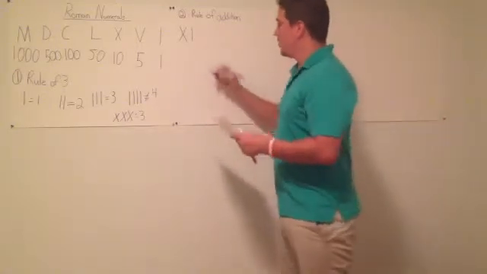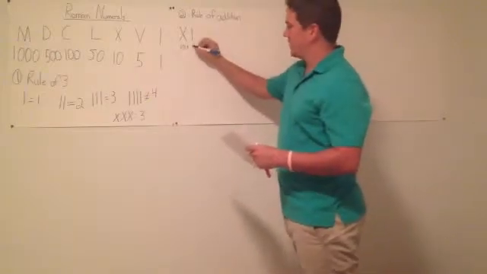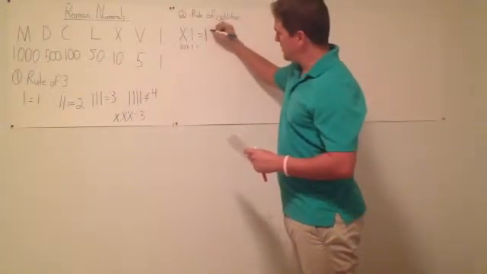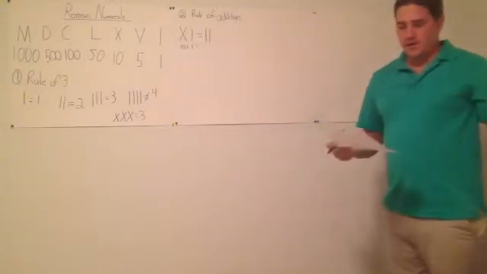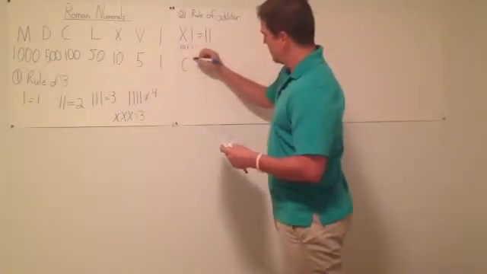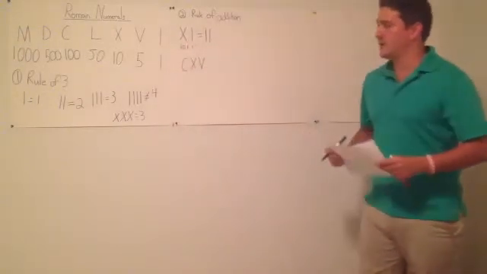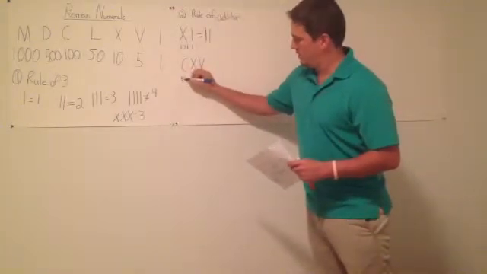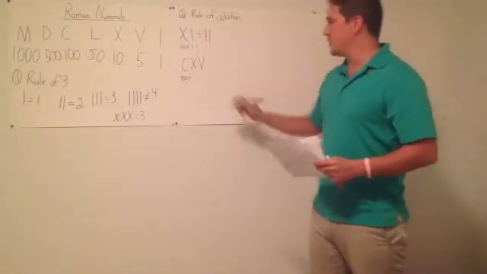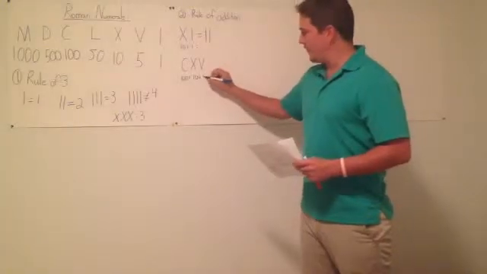So X would be 10, I would be 1. So XI equals 11. And another example is when we have a C, an X, and a V. And going by the number values, the C equals 100, and the X equals 10, and the V equals 5.